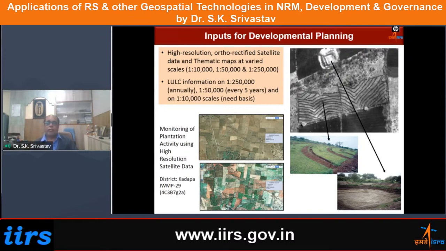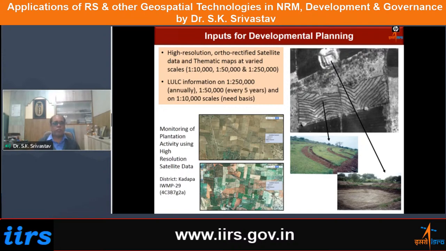The second important thing which I want to convey before you is that these days a lot of activities are going on in monitoring developmental activities, right? For example, if you look at the two pictures given on the left side, one image demonstrates how to monitor plantation activity using high resolution satellite imagery. In the first picture, you will see basically agricultural land or crop land, which is barren.